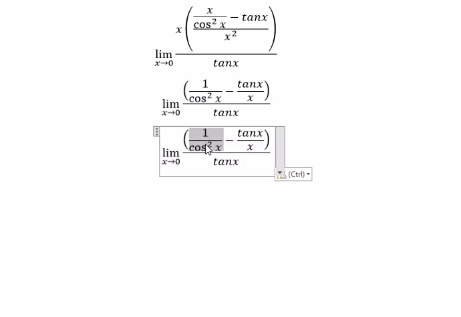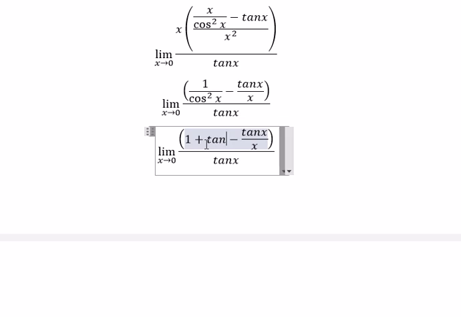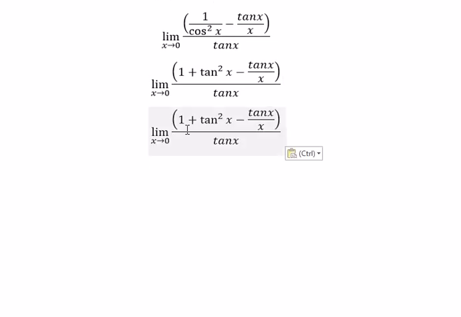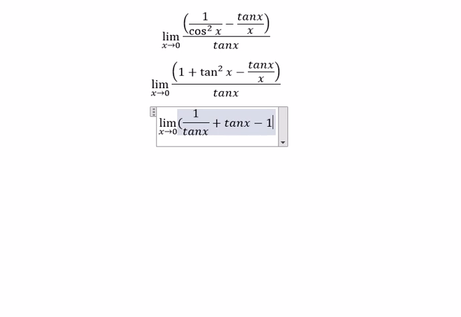We know that this one we can write as 1 plus tan squared x, and now we will have 1 over tan x and negative 1 over x.